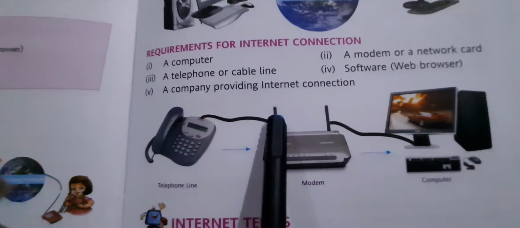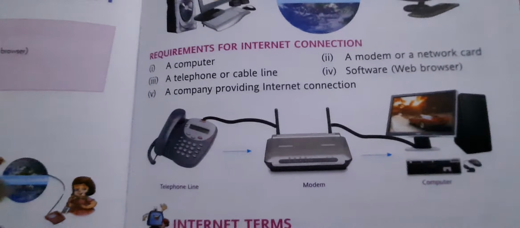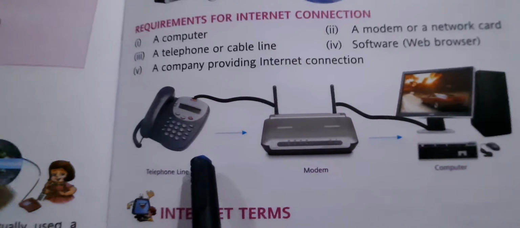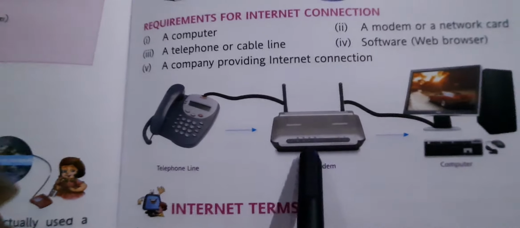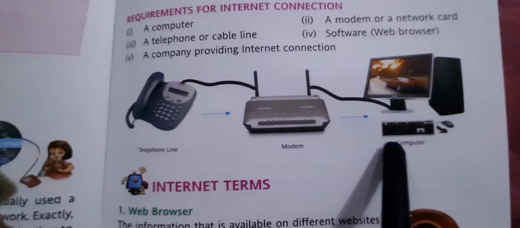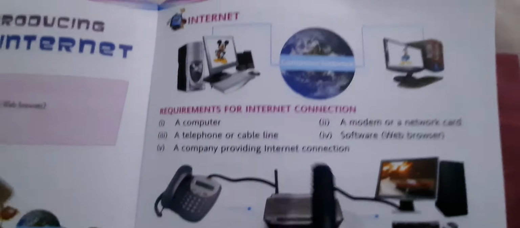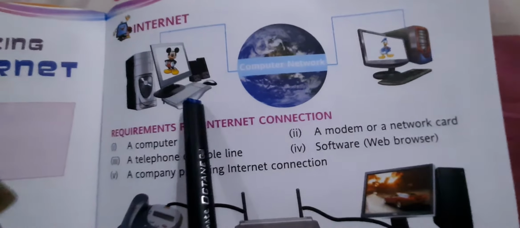Means there has to be a company which is providing the internet connection. So it is shown in the diagram: telephone line, then it is connected to the modem, and then it is connected to the computer system. See this diagram also.